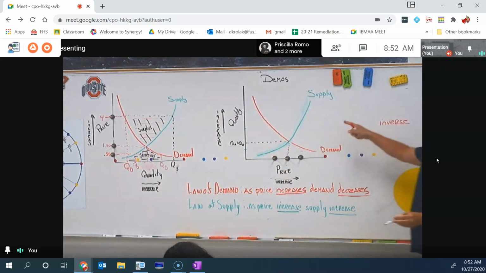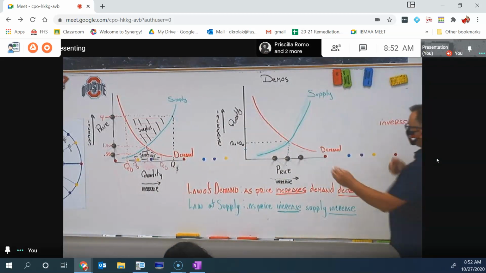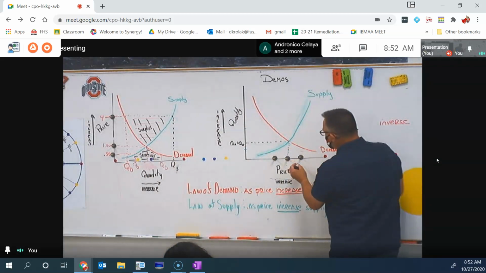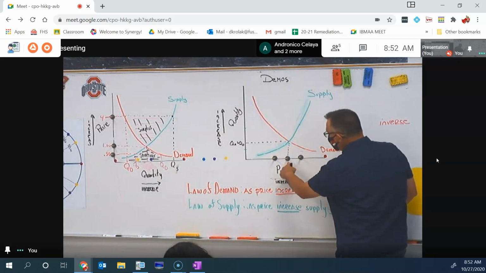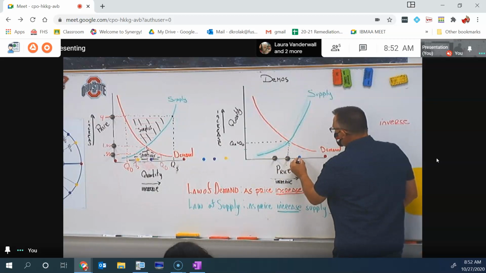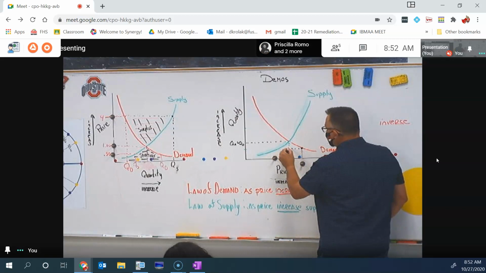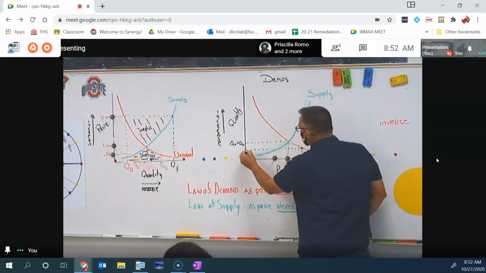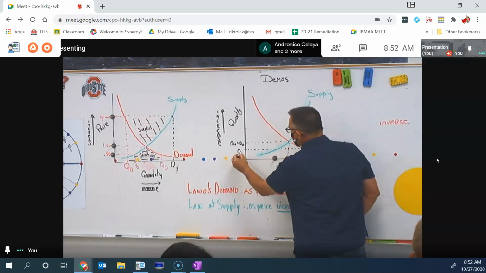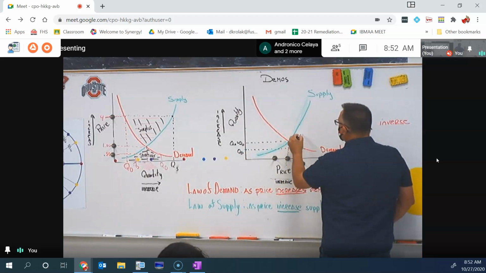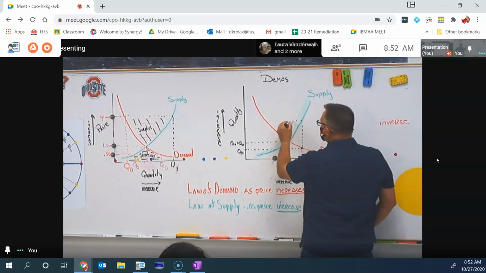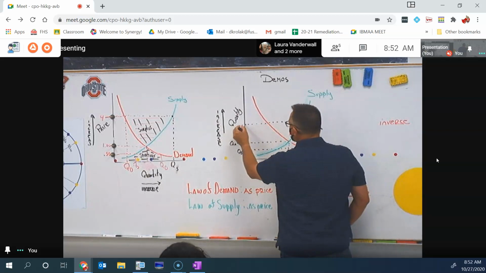Now, how about over here? Okay, so let's do a price. This would be a price above equilibrium. So if I drew that, this would be the quantity demanded. This would be the quantity supplied.